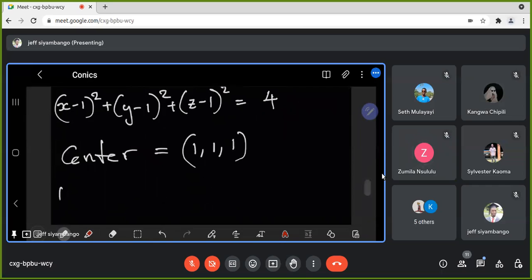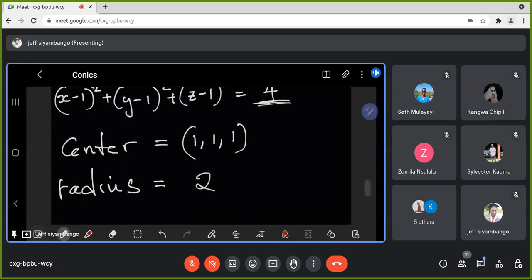And the radius? The radius is 2. Don't be tempted to say 4. That is the radius squared. So the radius here is 2. So the question here was asking for the center of the sphere and the radius. We've seen that it was actually a very simple affair.